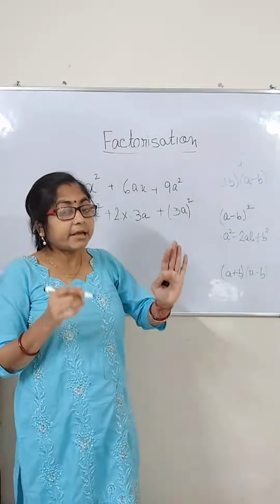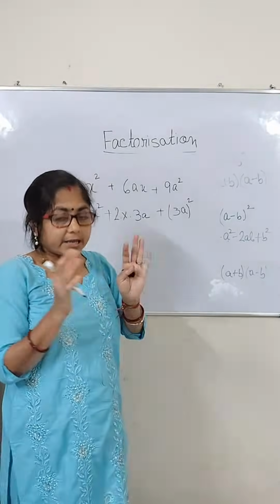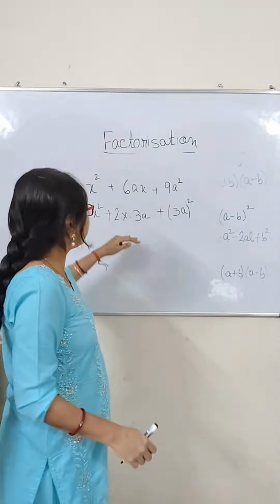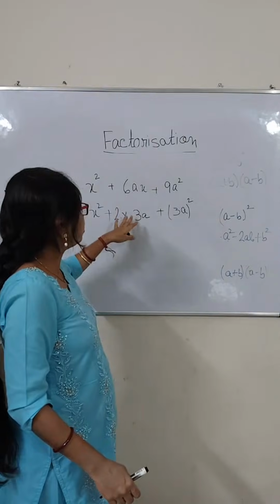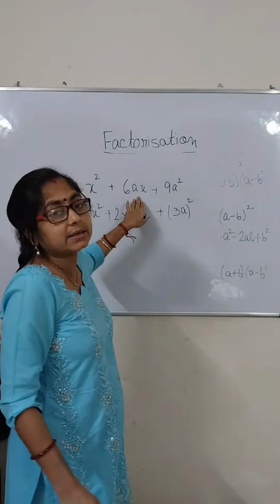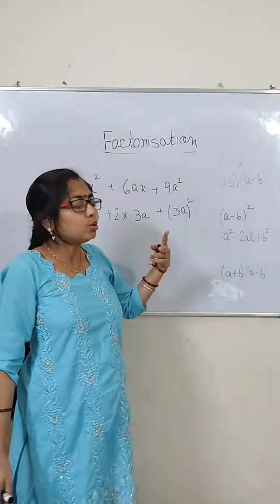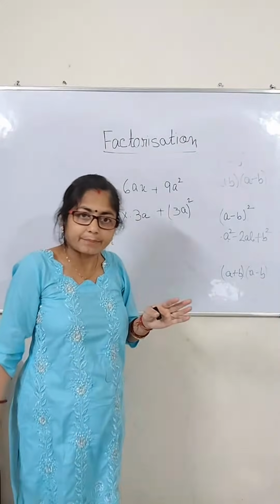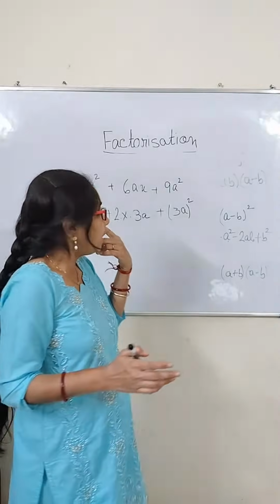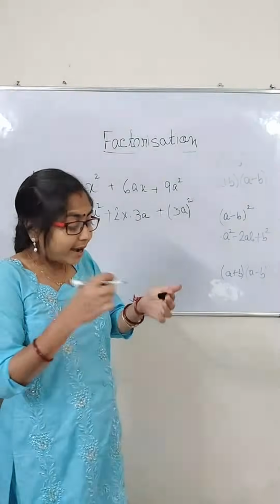Then you calculate. Is my math okay or not? Check it: 3 into 2, 6ax, and the upper line is also 6ax. The middle part of the two lines is the same, so the math is okay. And where is the mistake?